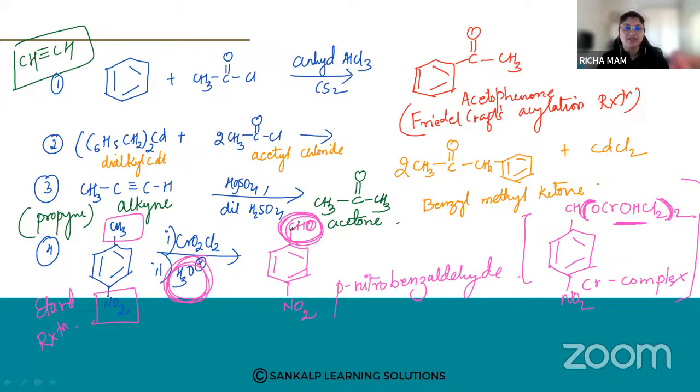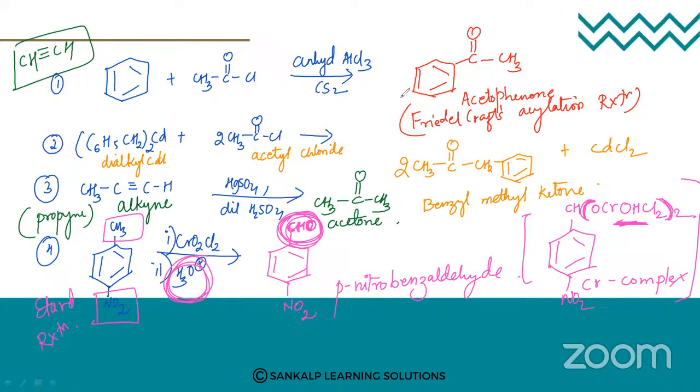The Etard reaction is used for the preparation of benzaldehyde only. So upon hydrolysis, your complex group gets hydrolyzed to an aldehyde group. This is the Etard reaction, mainly done for methyl substituted compounds. Is it clear? Yes, ma'am.